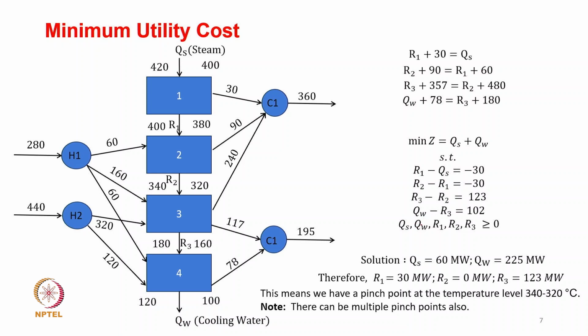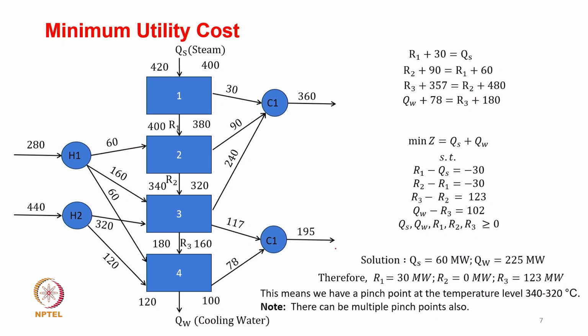So then we formulate this as an optimization problem, wherein you need to minimize a variable z, which is a summation of QS and QW, which is hot and cold utility respectively, such that these balances are maintained.